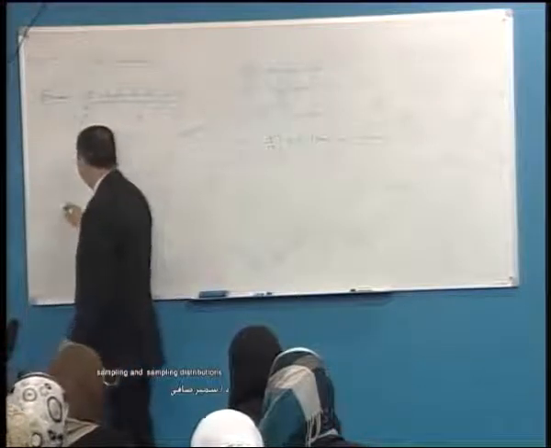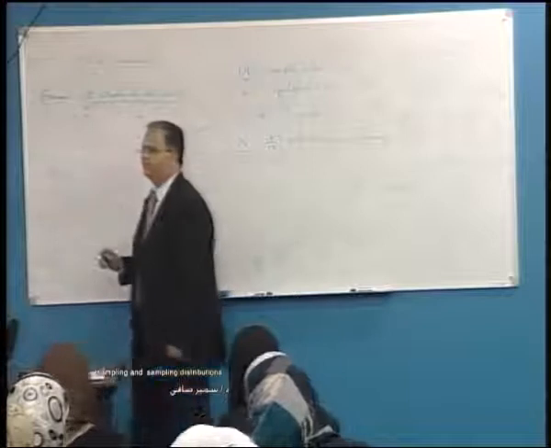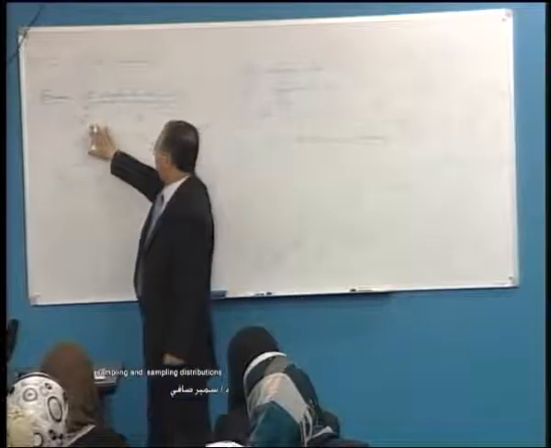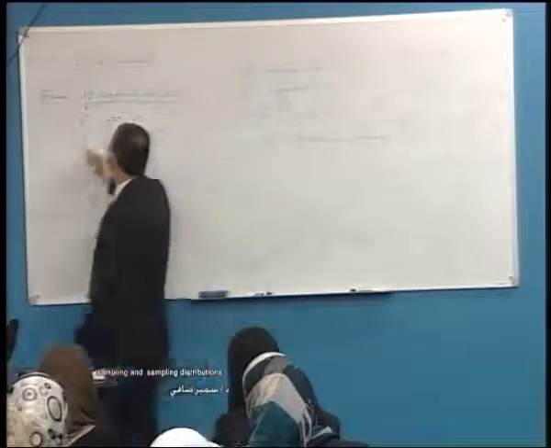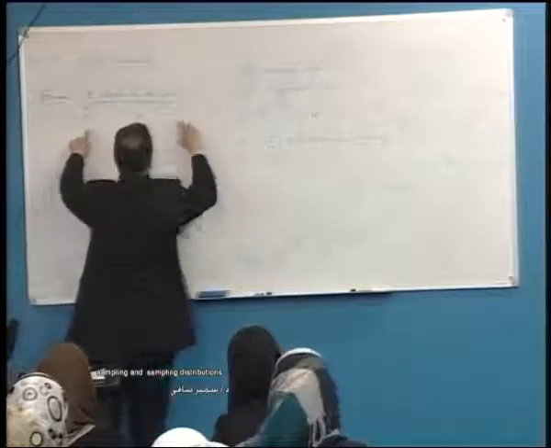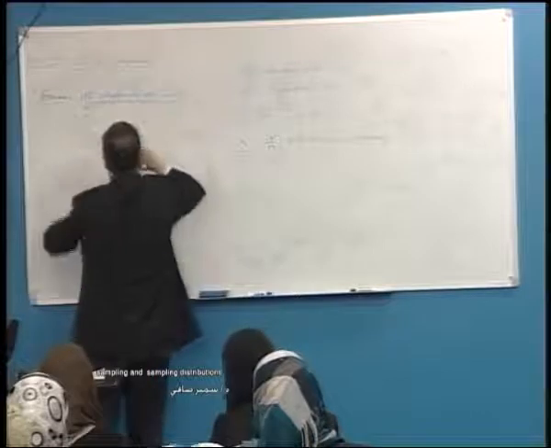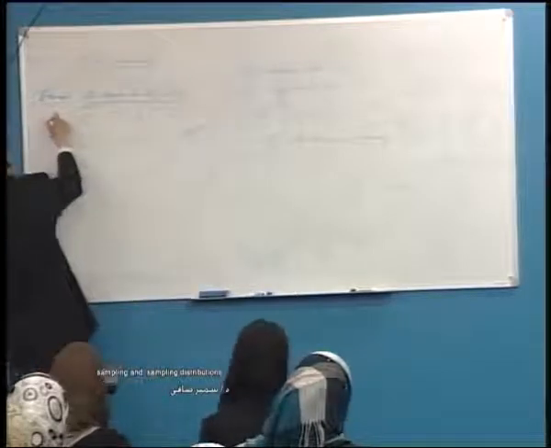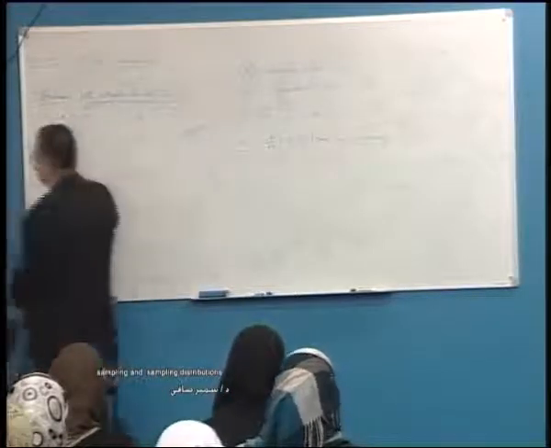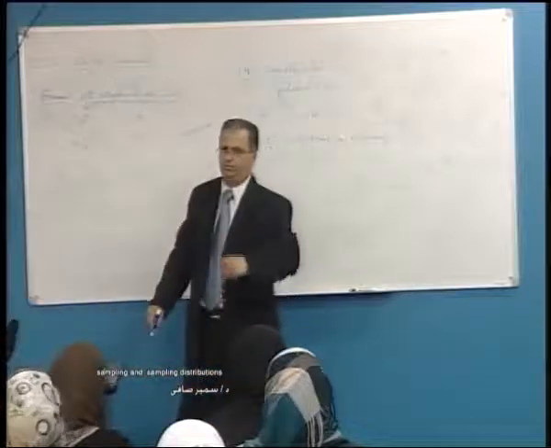So here, 700. I have, for example, 70% females, and I know that I use student here. I have ID numbers from 1 up to 14,000.